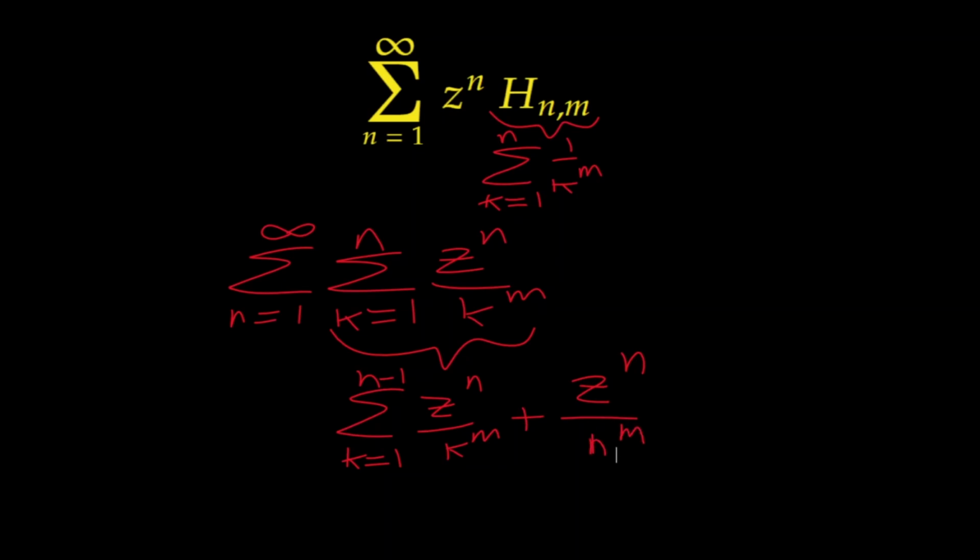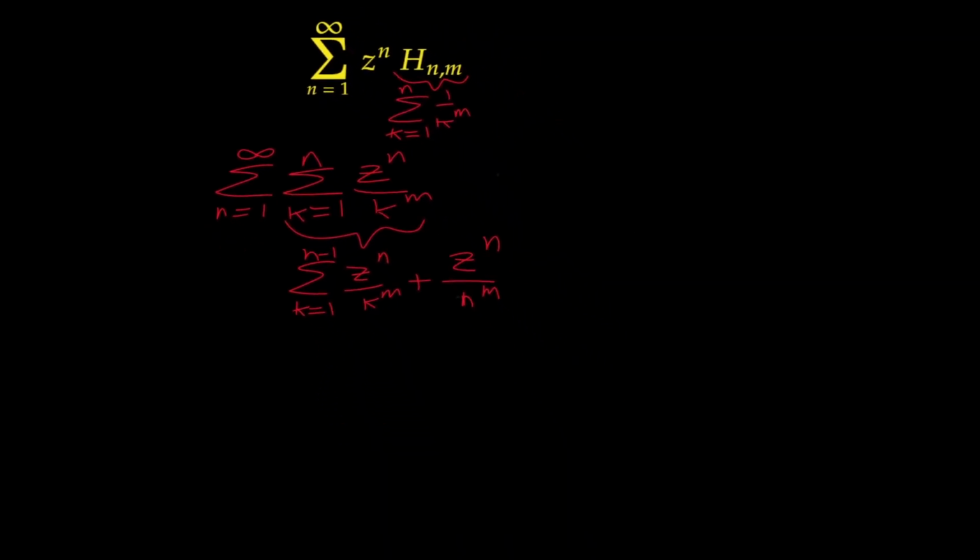And this right here is the part that is a bit special. Because there's a sum, all this is being summed, remember, from n equals 1 to infinity, this right here is just, by definition, the polylogarithm, which can be expressed as Li sub m of z.